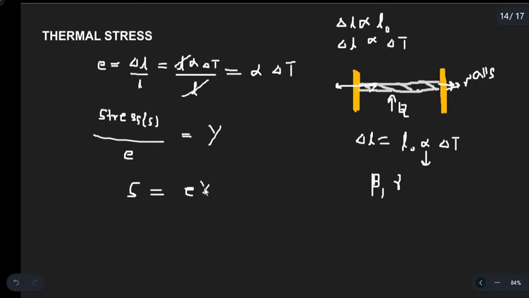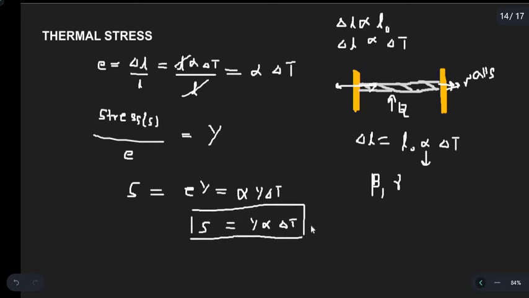So stress, which I have denoted as S, will be equal to Y times E, and E हम लोग को पहले मिल चुका है यहाँ पे. Let's put it here: alpha Y del T, or you can better write it like that, Y alpha del T. Okay, so this is your formula for thermal stress.